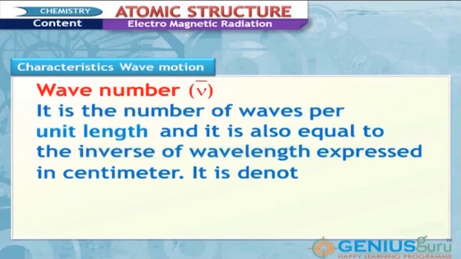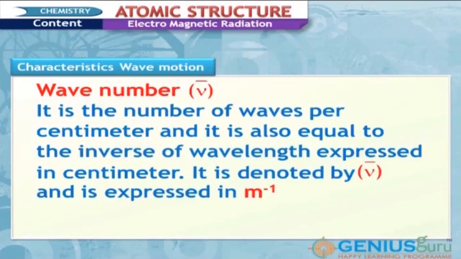Now, what are the units of wave number? The wave number has meter inverse or centimeter inverse as the units. From the definition, we can write nu bar is equal to 1 by lambda, because it is the inverse of the wavelength.